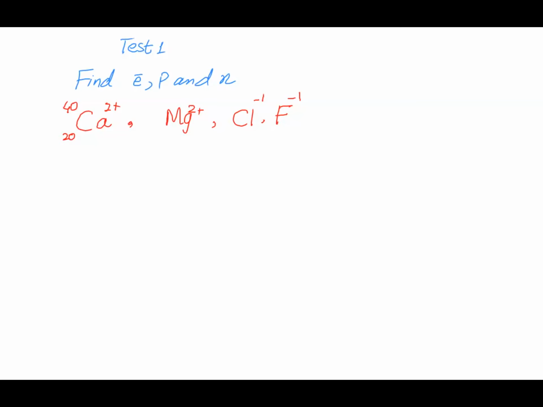Imaz, your electrons are wrong, because you know that you have positive 2 charge. It means you have 2 less electrons.